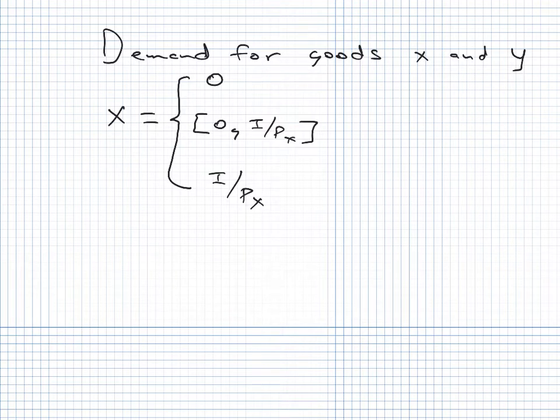And what we basically have to do to finish off this demand for good X is we have to write out some conditions. I'll go ahead and color code the conditions so that you can match these up with the previous slide. So the consumer is going to choose 0 units of good X if Px over Py was greater than the marginal rate of substitution.